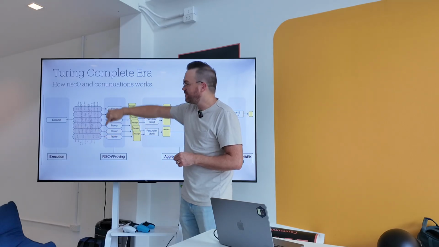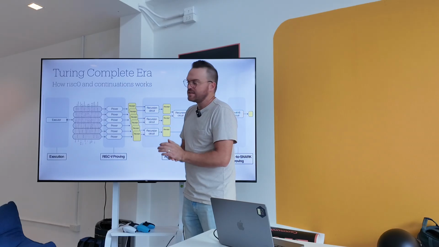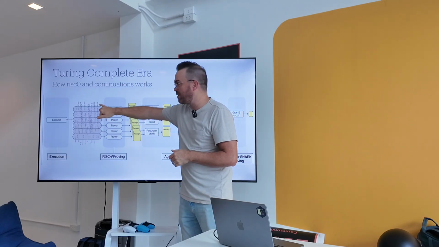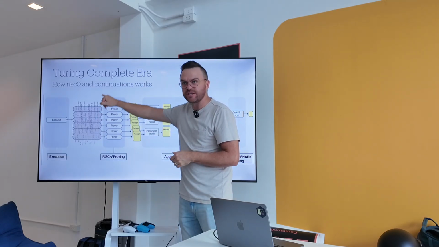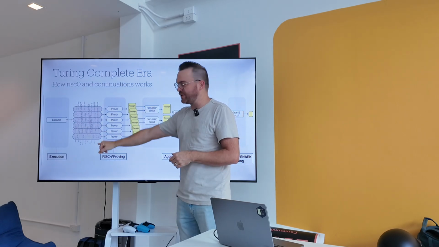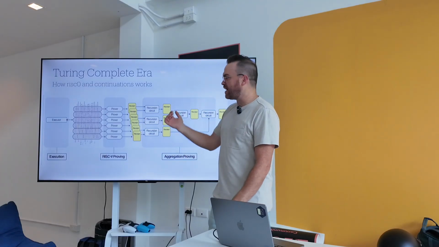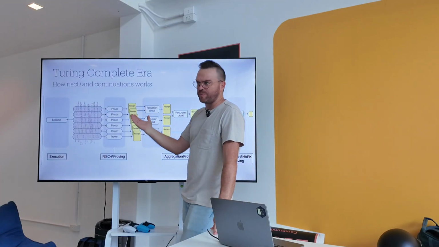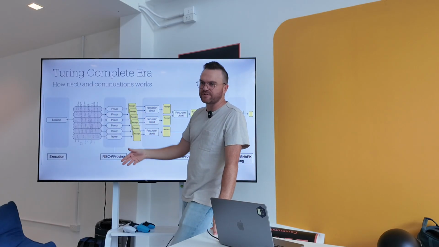And so that means that you can start proving that segment as soon as the execution is complete. Succinct actually went a different approach. They have one memory argument for the entire execution trace. And so that means you have to completely finish execution before you can start any proving. That's just a little trick that we have so that you can start proving for big proofs before execution is even complete.